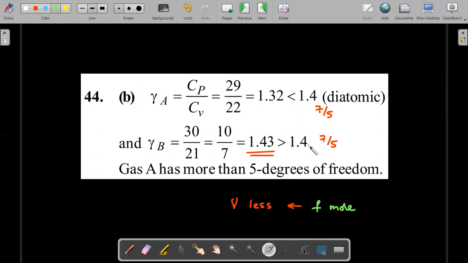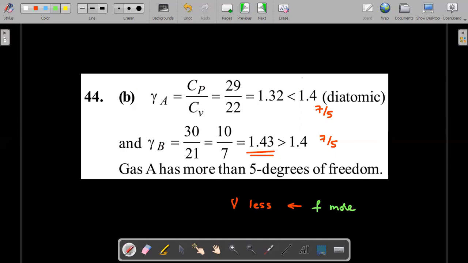So since this one's gamma is more, its degrees of freedom are less. Therefore, for B, we assume that some modes of vibration are frozen, and for A, it actually has a mode of vibration. So for B it is frozen, and for A it is open, is our consideration. Okay, so that's the whole idea.